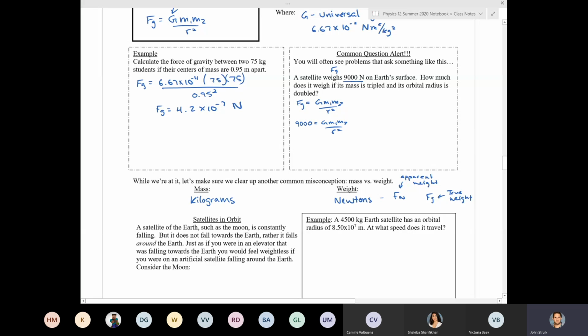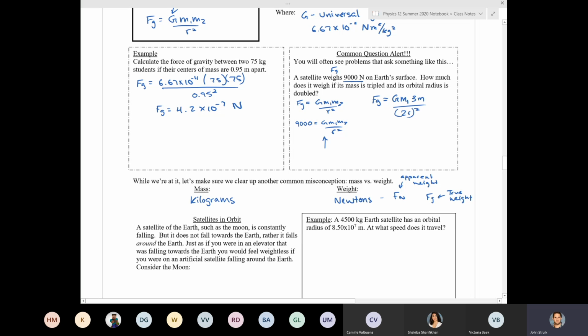How much does it weigh if its mass is tripled and the orbital radius is doubled? We're going to take this relationship and say, what would it be if G stays the same and the mass of the Earth stays the same? We're going to triple its mass, 3m, and double its orbital radius, so 2r squared.